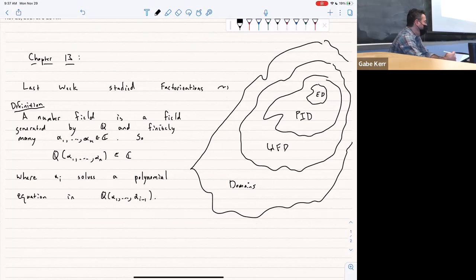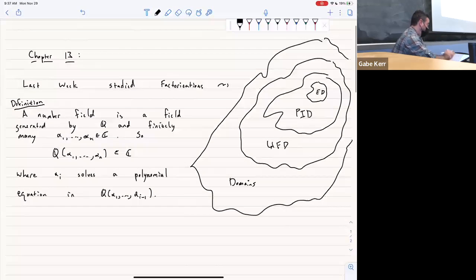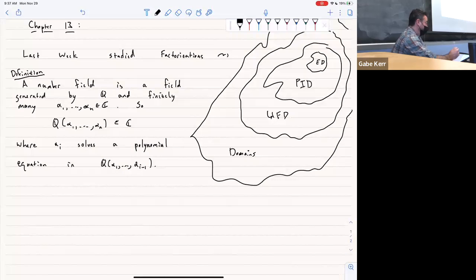In other words, there's a polynomial for which alpha i is a root, where the coefficients of that polynomial are in the field generated by the preceding alphas. That's the actual definition. We're not going to use this. What we're going to do is the case where we just have a single alpha, and then this last bit becomes a little more clear.